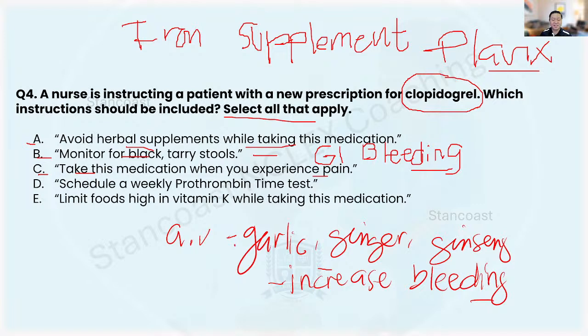The Plavix should be taken as prescribed, not only when the pain occurs, okay? So we want to make sure that the patient will maintain the therapeutic level of that medication in their bloodstream, okay? So letter D, schedule a weekly prothrombin test.